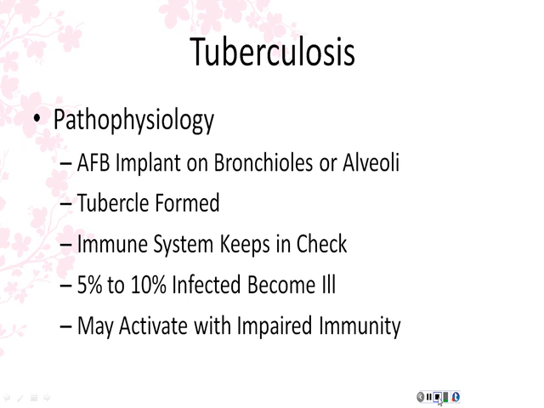So really the immune system kind of keeps this in check. Only about 5 to 10% of folks become ill. And then if they become immune compromised in the future, those bacteria can become active again.